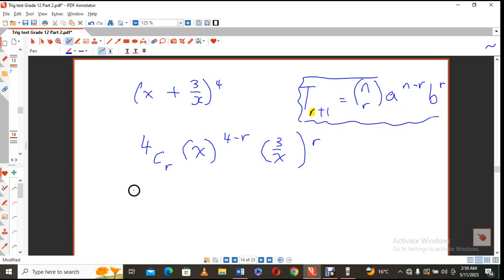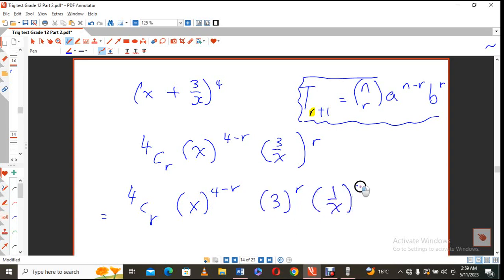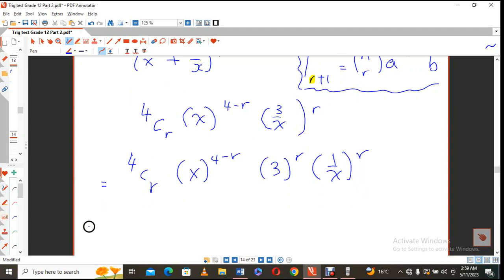Good. Now, for 4 choose r, then I have x raised to the 4 minus r, and I'm going to separate this. This is nothing but 3 raised to the r, and the other one is 1 over x raised to the r. Okay, you need to follow the steps. So 4 choose r, that is x to the 4 minus r.